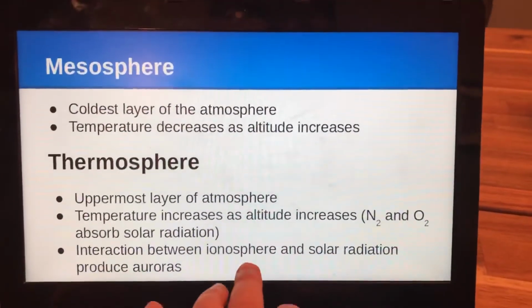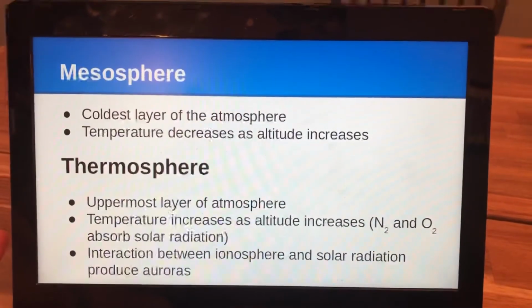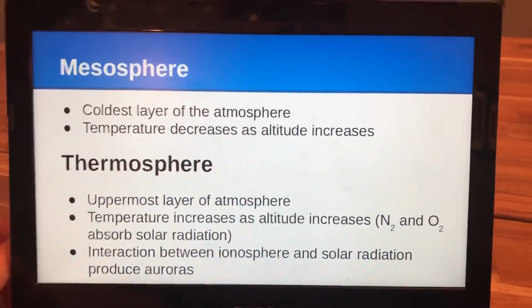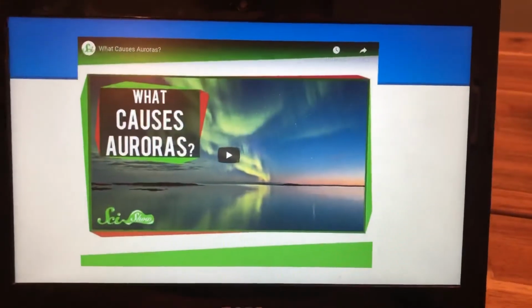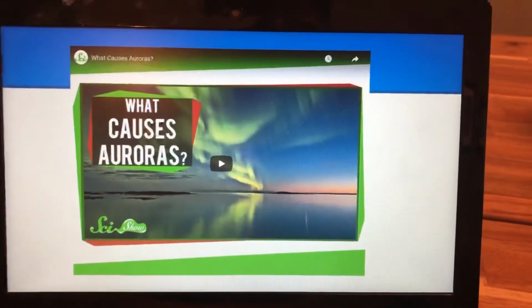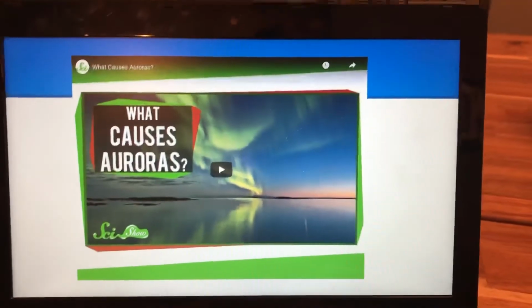All of those free electrons up in the thermosphere interact, and the byproduct is a pretty light show. So if you get a chance, definitely watch the What Causes Auroras video. It's only a couple minutes long, but it's very informative. I think it's pretty interesting. It's good stuff.